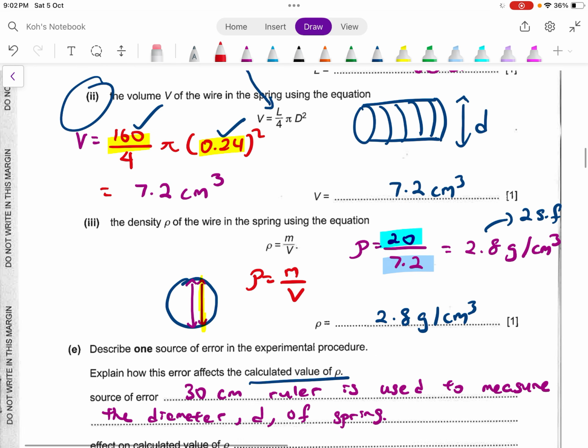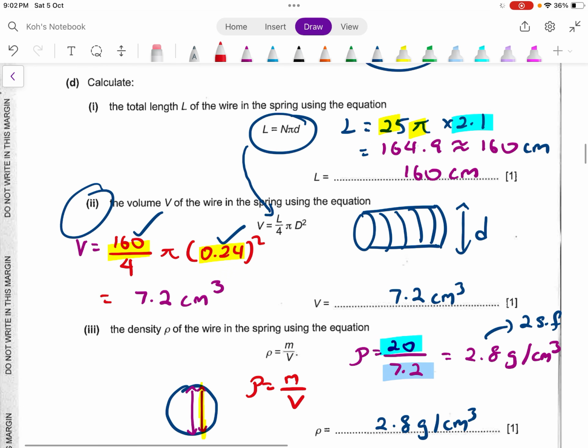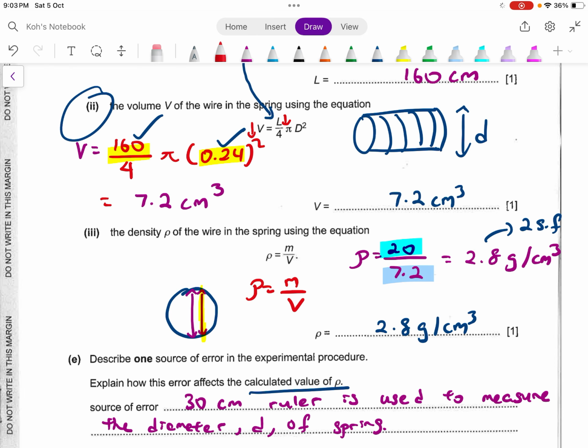Volume is given to be L over 4 pi d square. So if my small d is lower, it means that L will be lower. When I calculate the volume, it will not be the actual one, it will be smaller than the actual, which will cause the density to be greater.